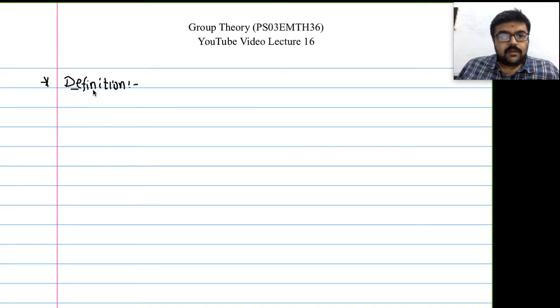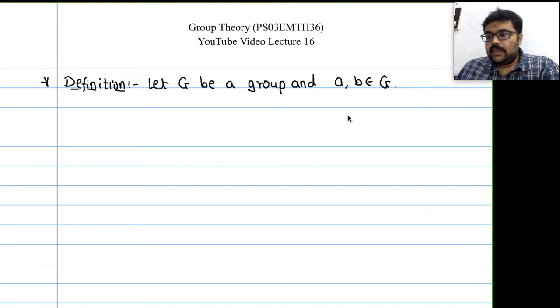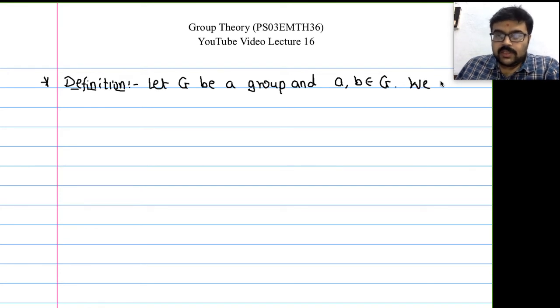Right, so we define: let G be a group and A, B belong to G. So we start with two elements and we say that B is a conjugate of A. It's just like similar matrices.